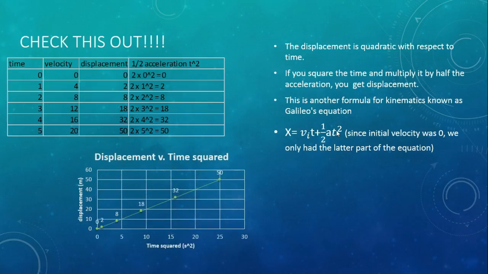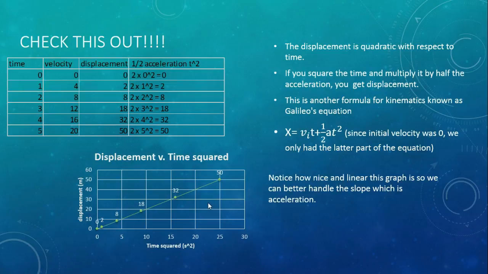And notice if I graph it with time squared as the x-axis, we get a straight line. It's because displacement was quadratic with time, so if I make time squared, it'll be a perfect line.